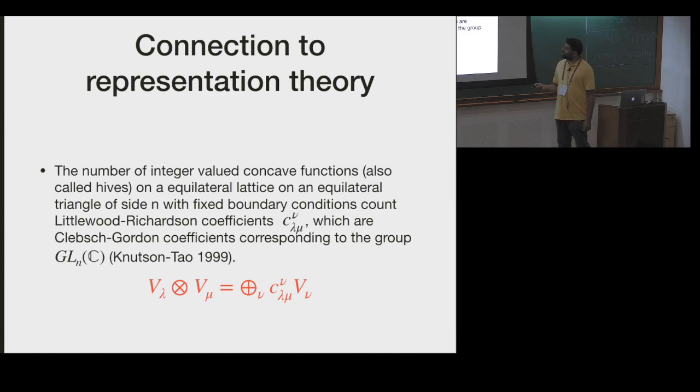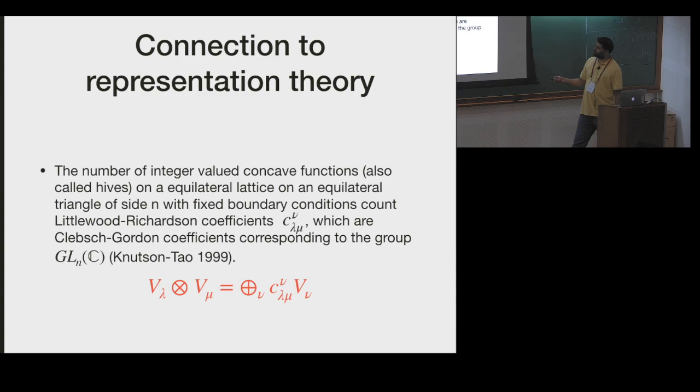If you look at the integer valued concave functions on an equilateral lattice on a fixed triangle with given boundary conditions, the number of such concave extensions is what's called a Littlewood-Richardson coefficient. This is a Clebsch-Gordan coefficient, which appears in physics as well.